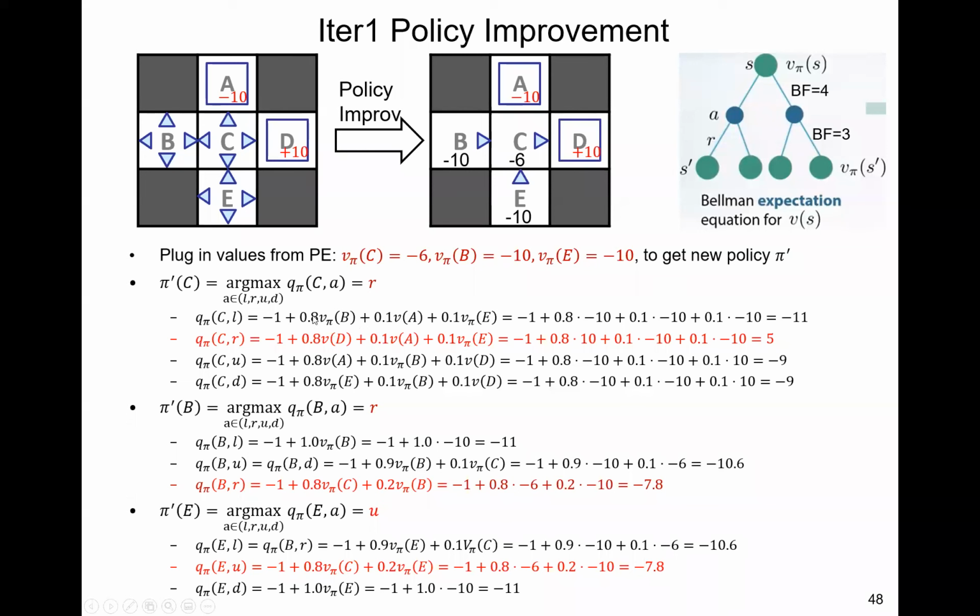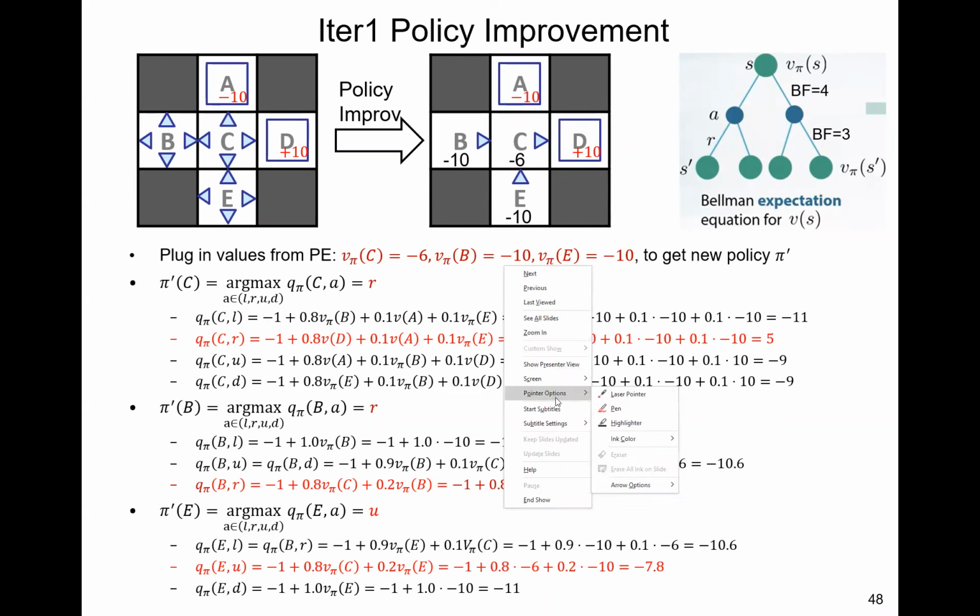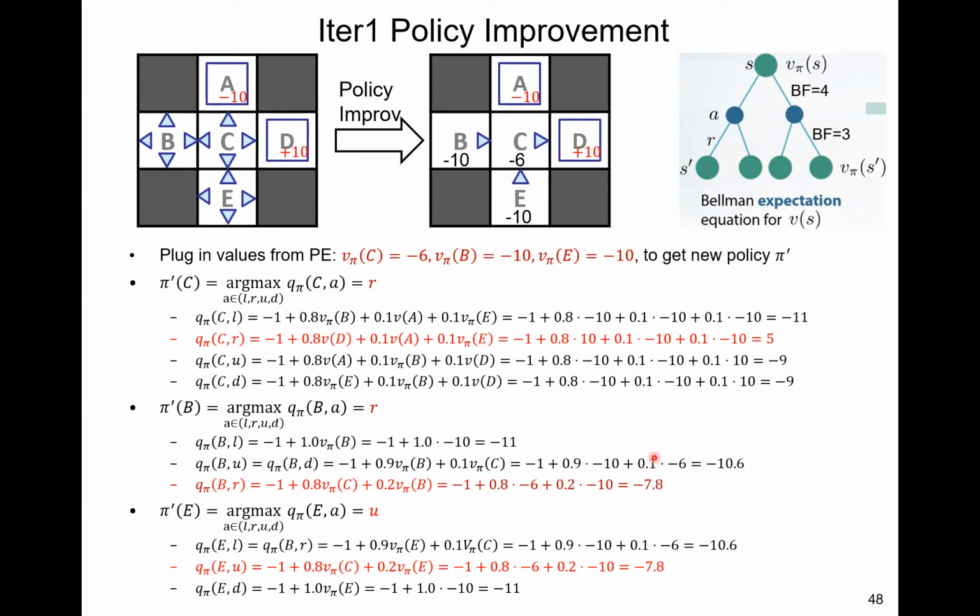Therefore, it should be updated to these numbers. So it doesn't affect the optimal action for the Q value functions. The numeric values are different, but the directions are still correct. So from C should go right, from B should go right, and from E should go up.